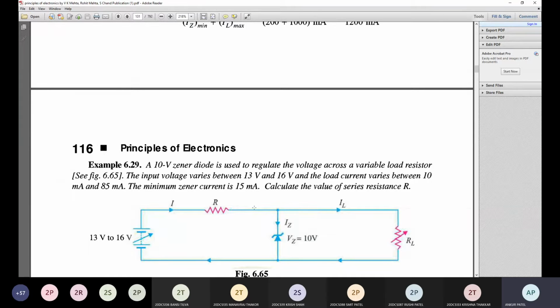So always try to attempt the examples. You'll get marks for the steps, even if you're getting the wrong answer. Okay, 120 ohm, or anyone getting another answer for the resistance?